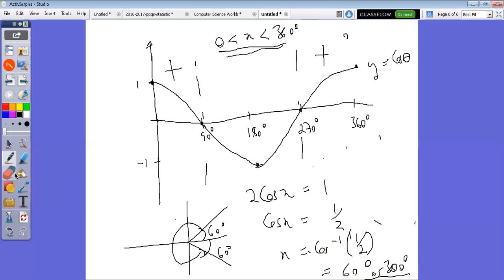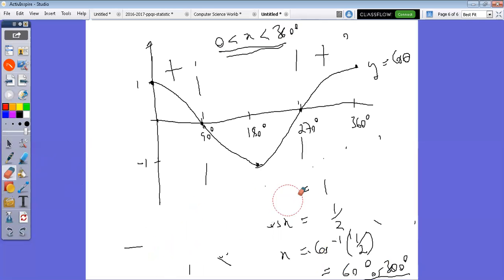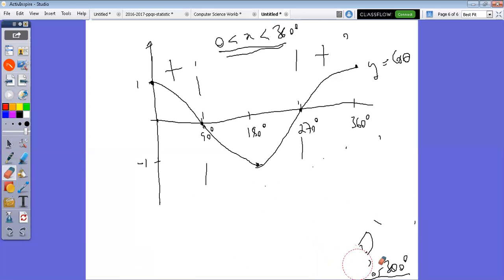Now, let's do another one so that we just make sure we're on the same page here. So if we say 5 cos x is equal to 3, sorry, 5 cos x, not y.